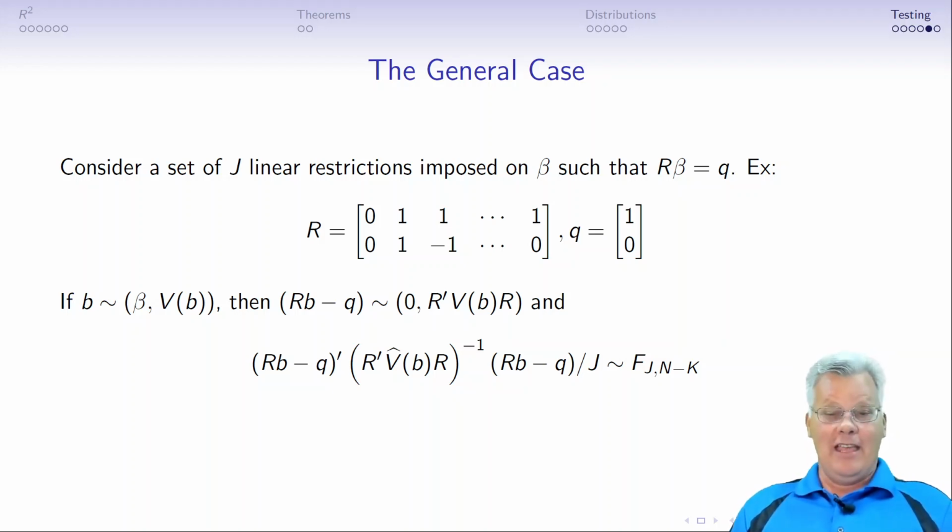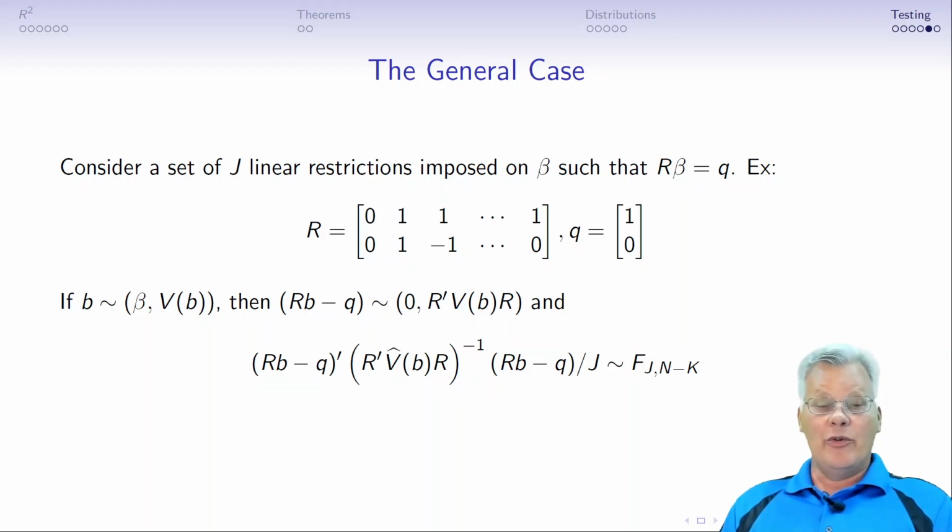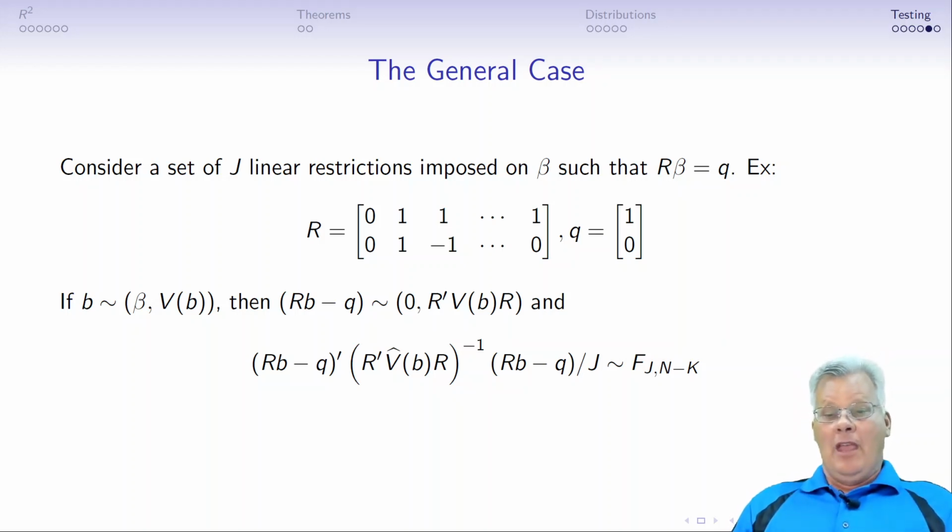And we could say then that a quadratic built around RB minus q is given by the bottom line. So it's the linear restriction RB minus q equal to 0, and we're taking the quadratic of that divided by the variance, and then all divided by J. This is distributed F with J numerator degrees of freedom and N minus K denominator degrees of freedom.